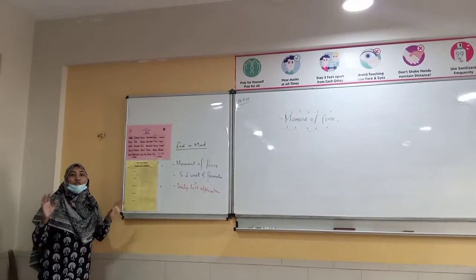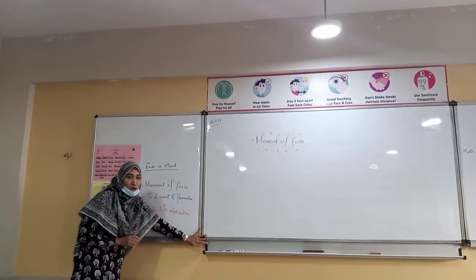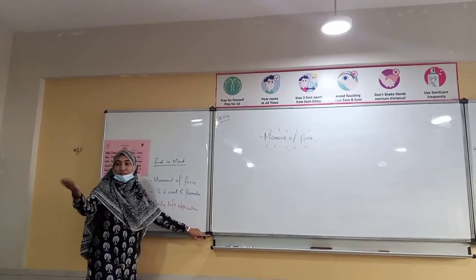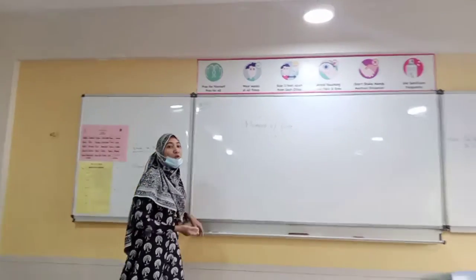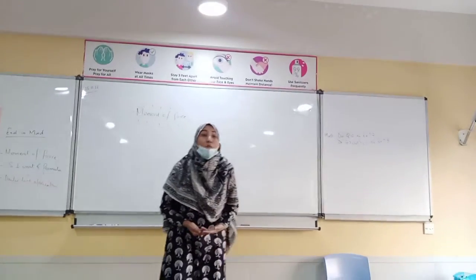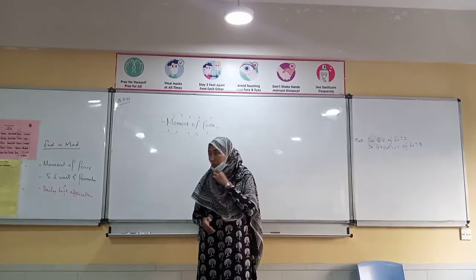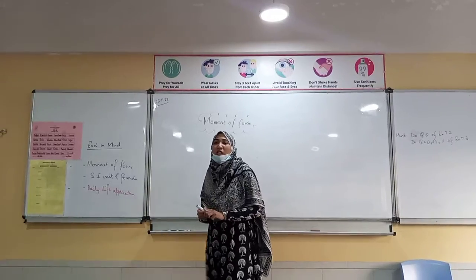Now my question to you is that when I am talking about this fixed part right here, what do you call this? Pivot. So pivot is actually a fixed point about which a turning effect can be produced. Are we all clear about this? Yes. Alright. So moment of force depends upon how many physical quantities?